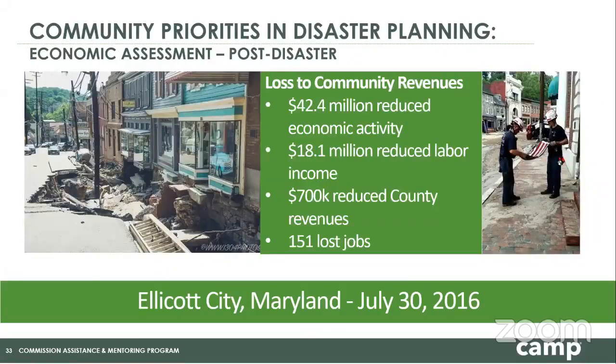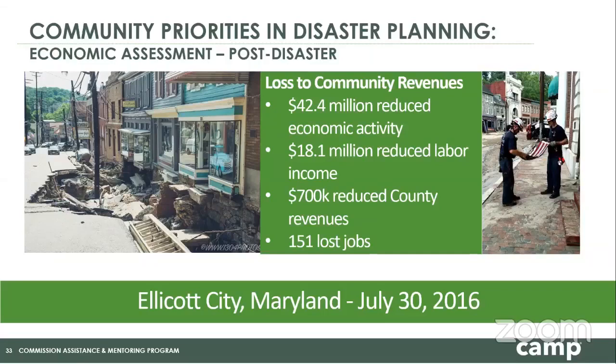And then it's not just the actual physical loss of the physical economic impact. It's the money that you have lost by not earning because the buildings are closed down or the businesses aren't open. $42.4 million reduced economic activity. That's the same thing as the sustainability aspect of not only is it the historic building, but it's what would be encumbered if you had to bring a new building in new construction.